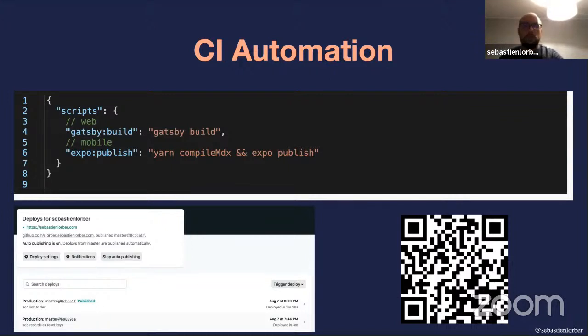Then you can have, for example, your CI like Netlify that is able to build your website, and you can have another CI that is able to deploy to Expo automatically. So basically, if you have a repository with a folder with Markdown files, you are able to just commit in this folder, and then your content is published both on the Jamstack site and the mobile app.